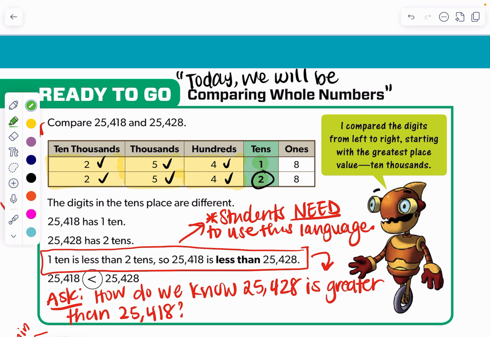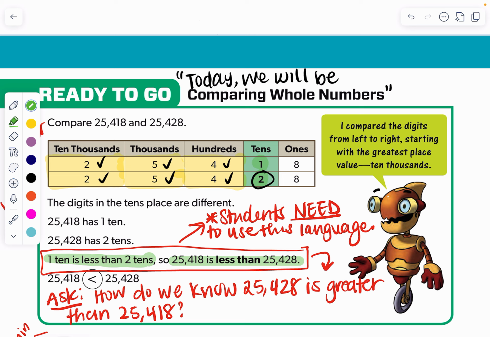Because I know that 110 is less than two tens, right? 10 is less than 20. That means that the number 25,418 is less than 25,428.